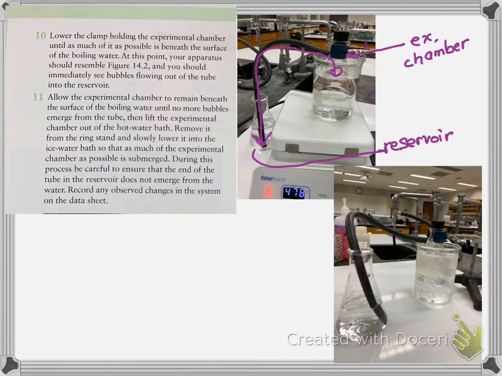Now, here's one question that you may have already encountered. The gas we're using is air, and air is a mixture of gases. So why don't we have to worry about that? The reason is gases are very, very far apart, and so we assume that there's so much space that they don't really have a lot of attractive forces with each other.